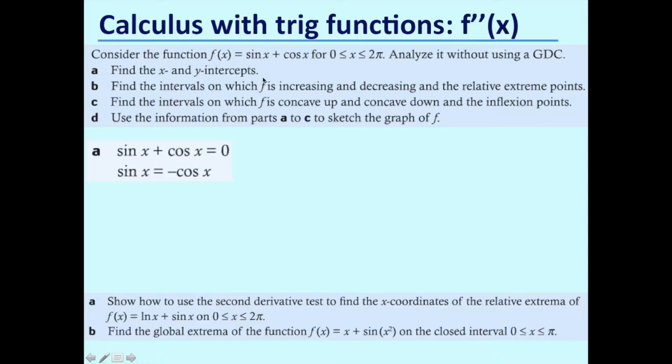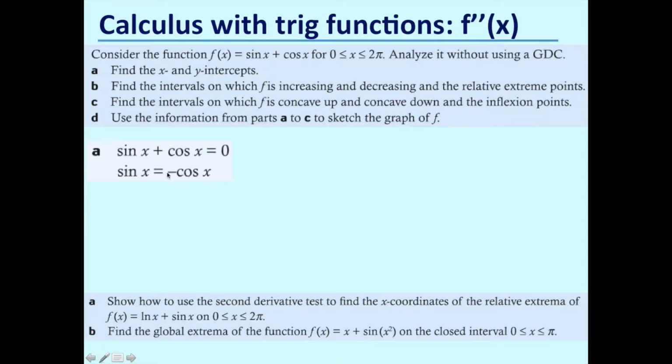Well, one way we can do that initially is to look at what happens when our y value is 0. So sin x plus cos x equals 0. So therefore sin x equals negative cos x. So thinking back to the unit circle, the only places where sin x and cos x have equal absolute value but different signs are going to be in the second and the fourth quadrant.